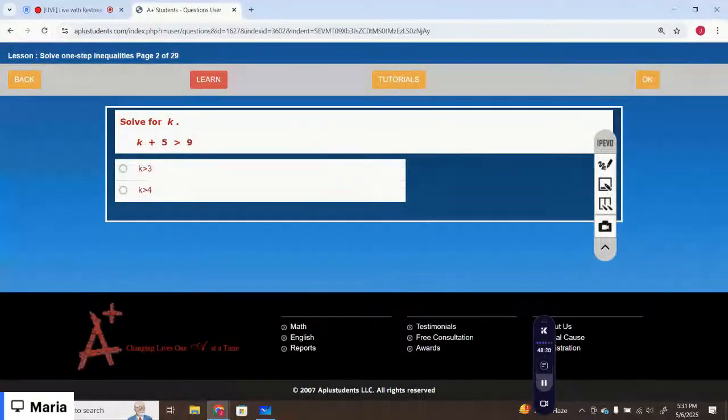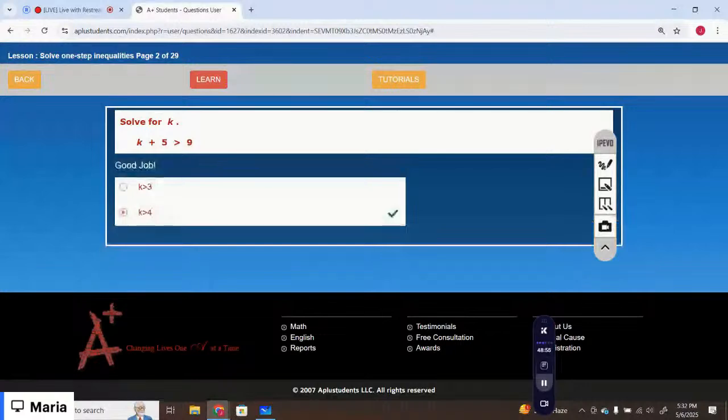Solve k plus 5 is greater than 9. Subtract 5 from both sides, so then k is greater than 4.